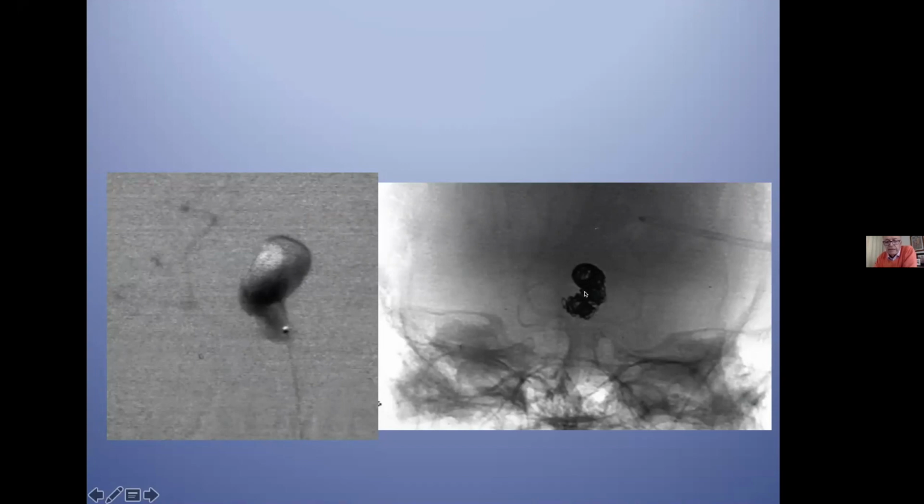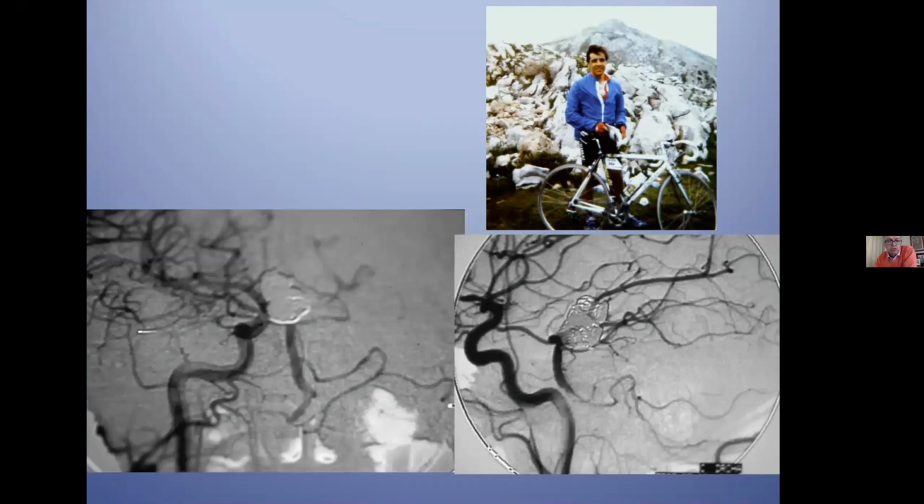Finally, I decided to close the second vertebral artery also with a balloon and reverse the flow in the vertebrobasilar system. This treatment was performed in 1996. This is the patient in 2005, totally cured with no reopening of the aneurysm. Reverse the flow.